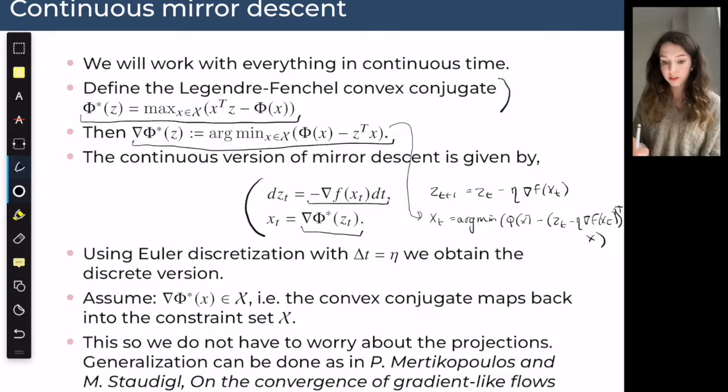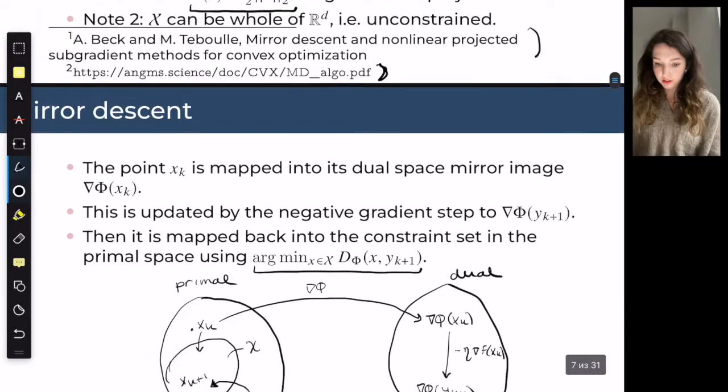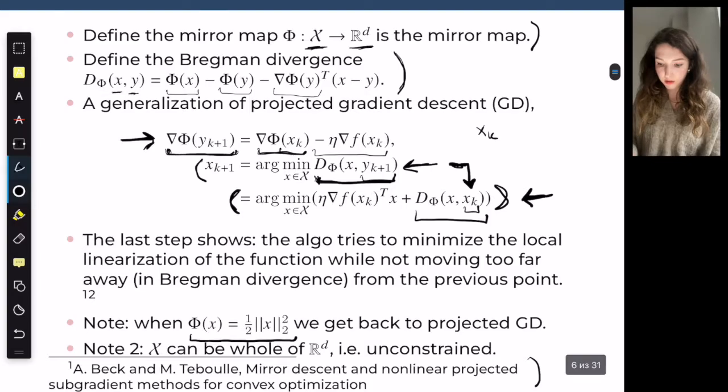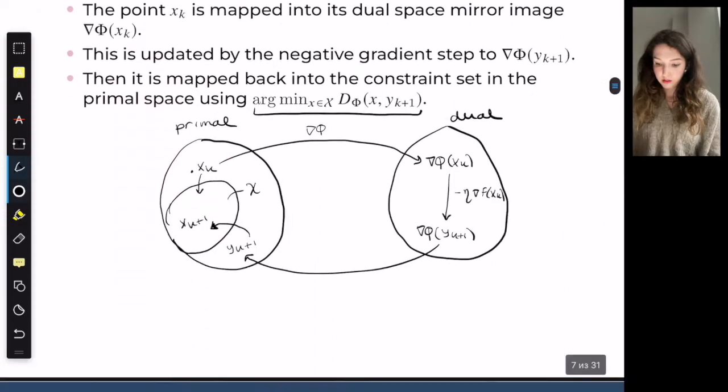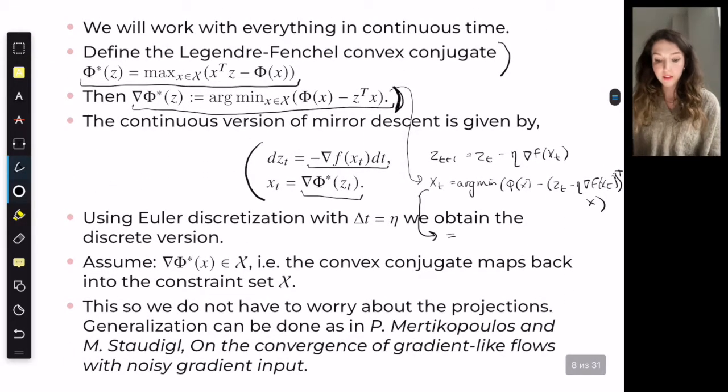So that is just using this formula over here. And then this thing can be rewritten using the definition of the Bregman divergence back into essentially this formula that we had over here. So that is showing us that the discretized version can be the same formulation.